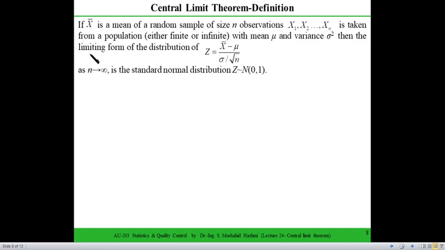Then the limiting form of the distribution as n approaches infinity would be the standard normal distribution. So it is exactly the same.